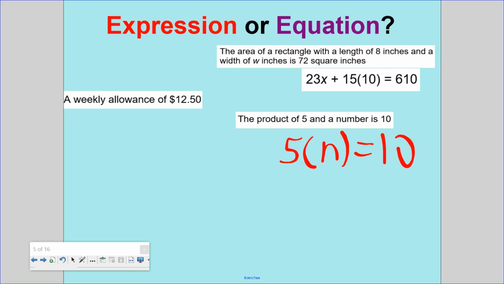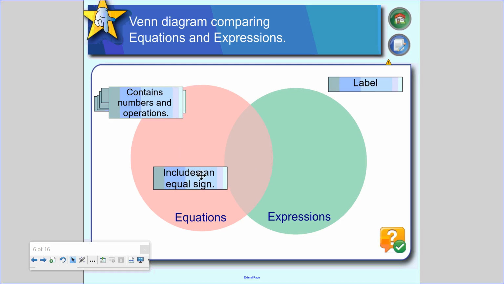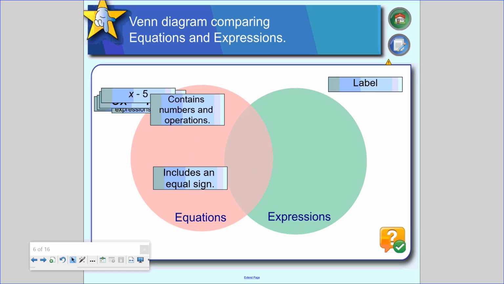The last thing: here you are given a Venn diagram. Can you put these labels in the correct area? If it has an equal sign, it must be an equation. If it contains numbers and operations, don't they both have that?